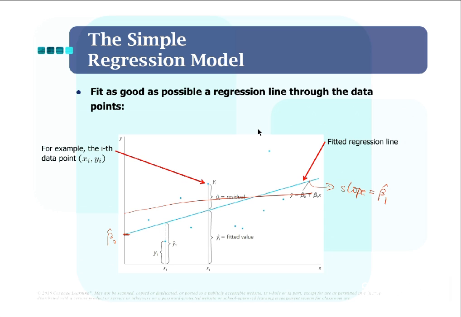So for example, this is the fitted line, yi hat equal to beta 0 hat plus beta 1 hat times x.